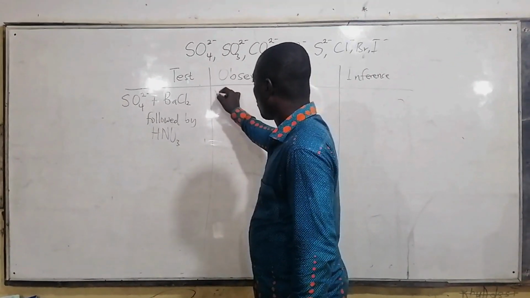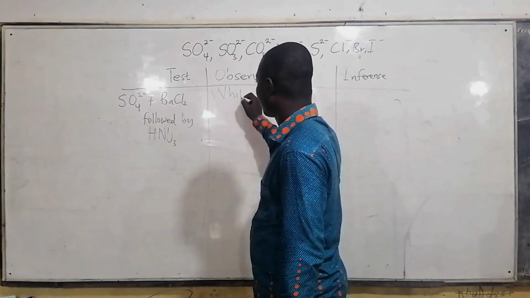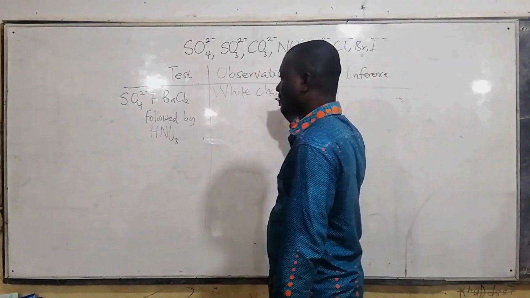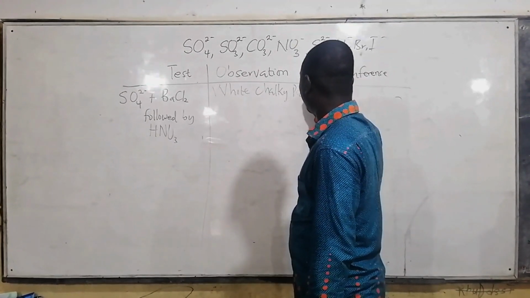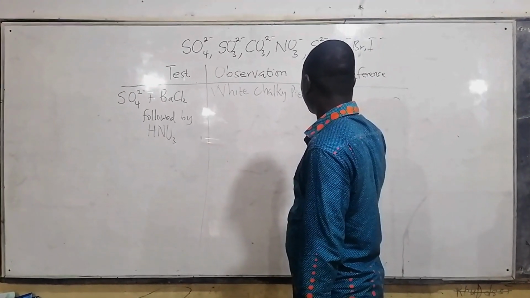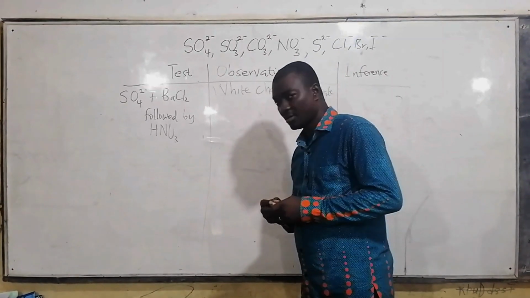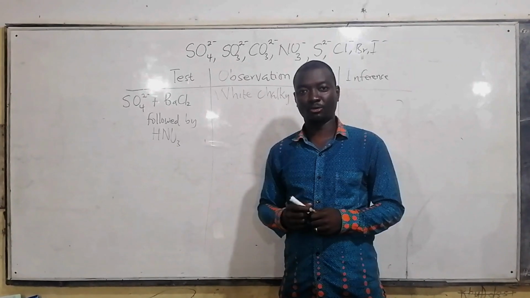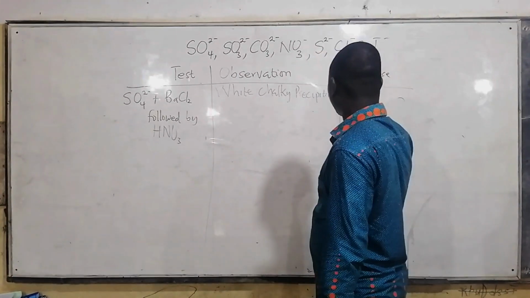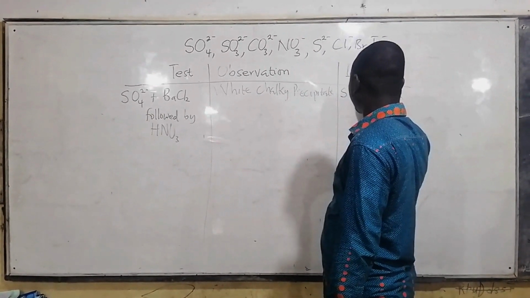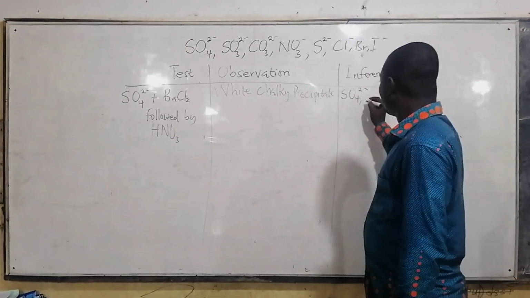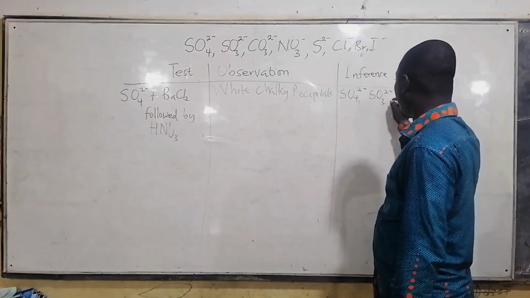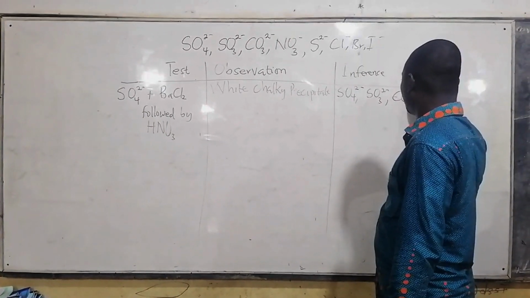You're going to have quite chalky precipitates. But at this juncture, you are going to suspect 3 anions: SO4 2 minus, SO3 2 minus, as well as CO3 2 minus.